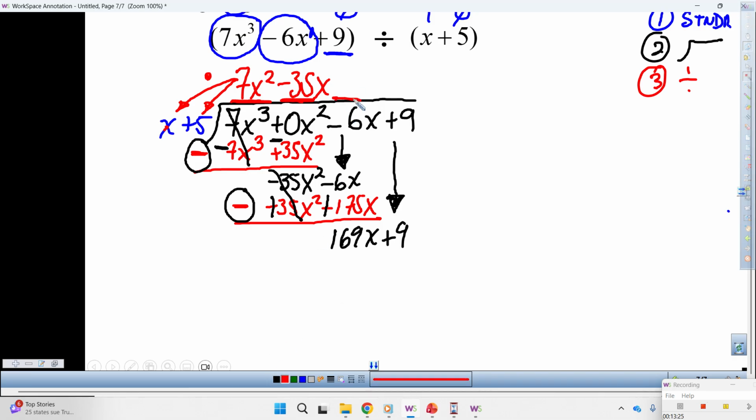All right, tell your neighbor what's the last number that you're going to add to that solution. All right, last number. Renzo, go.